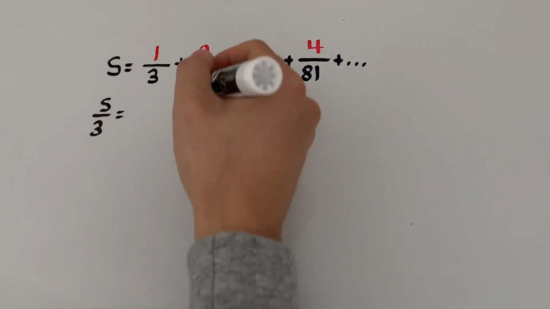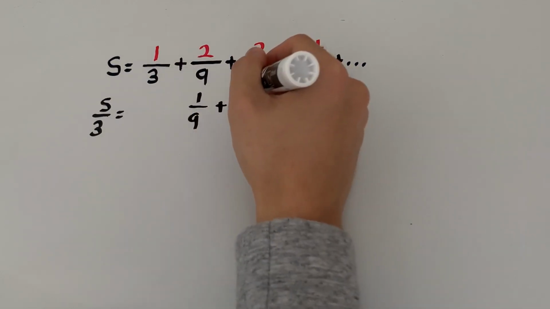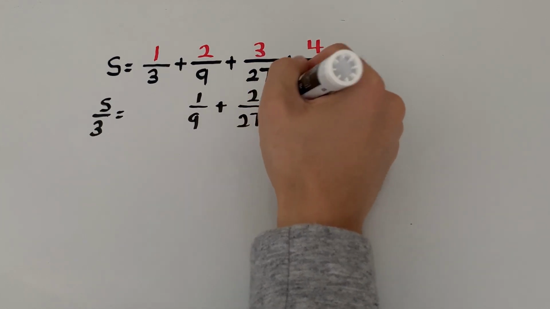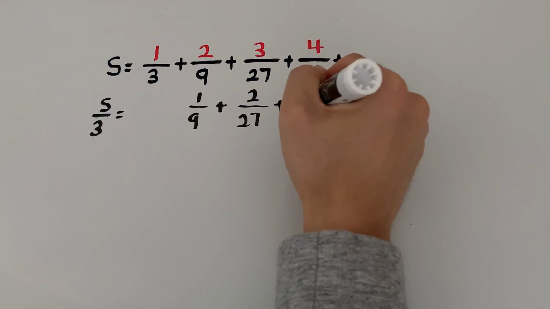So 1 over 3 becomes 1 over 9. 2 over 9 becomes 2 over 27. 3 over 27 becomes 3 over 81.